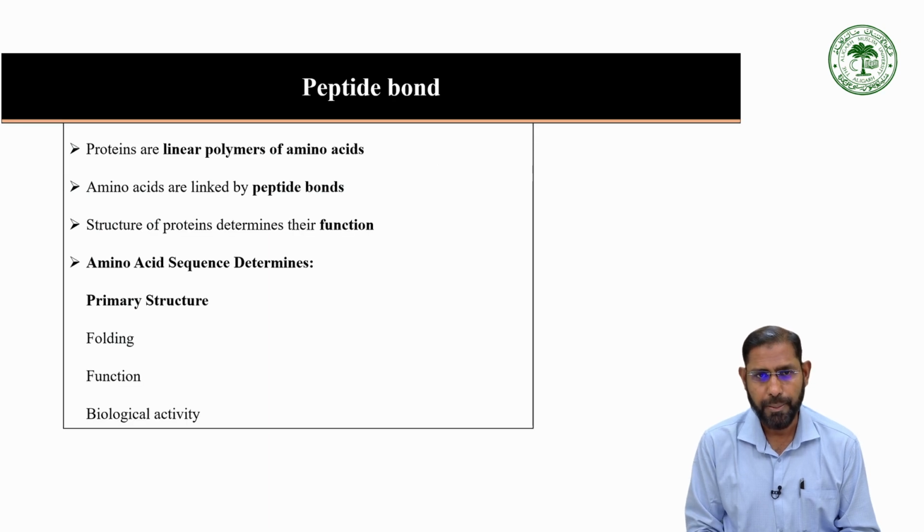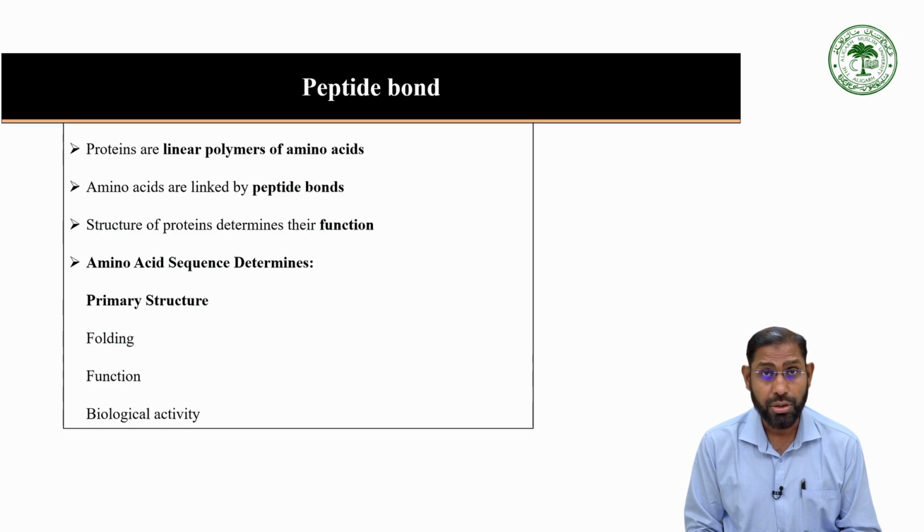Peptide bond. It is a bond made among the amino acids, and proteins are linear polymers of amino acids. The amino acids are linked with peptide bonds. The structure of a protein determines its function, and the amino acid sequence determines the primary structure, which is very important.